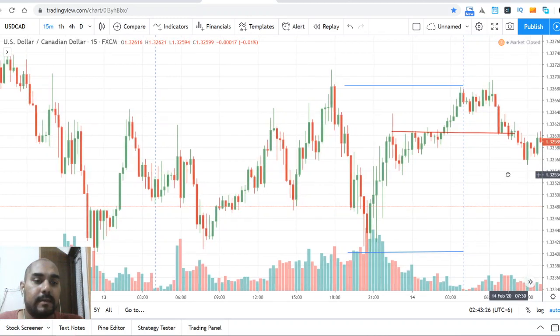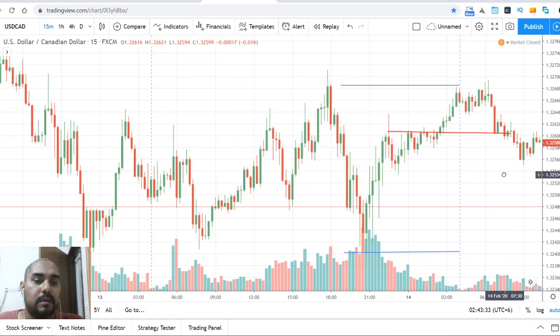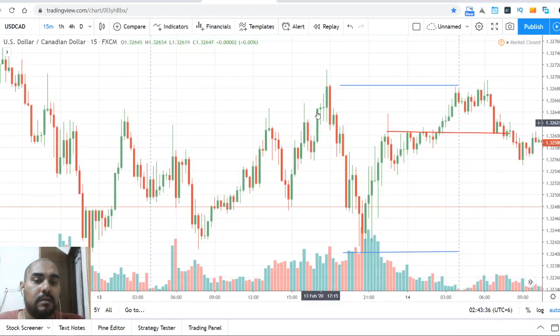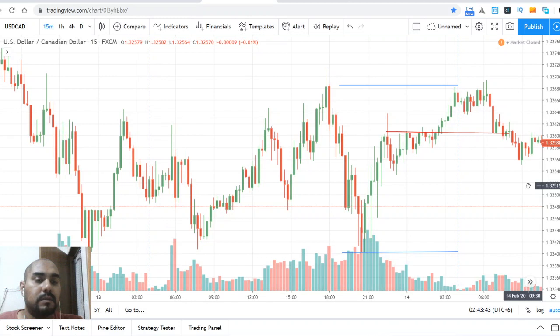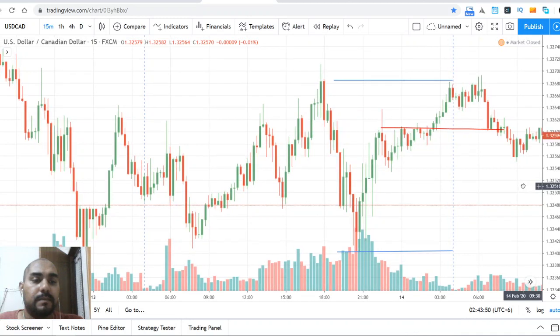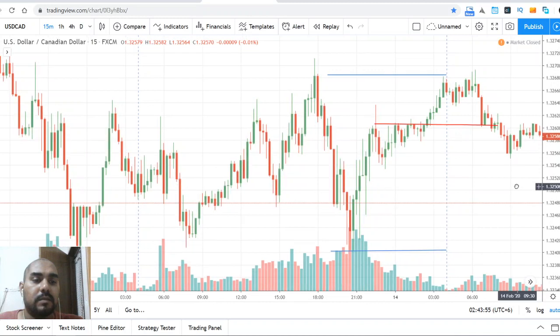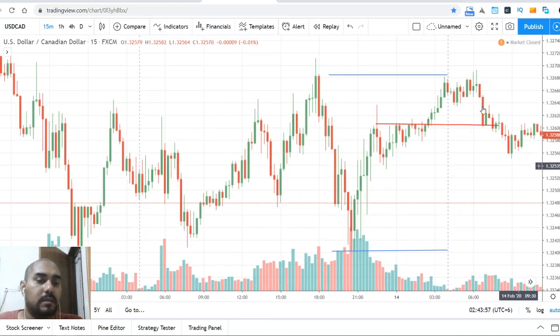Let's see if prices come down again. Well, this seller movement and this seller movement isn't smooth, so the sellers are losing power. And the buyers are digesting the sellers. See, after this move, the sellers can't make a lower low.